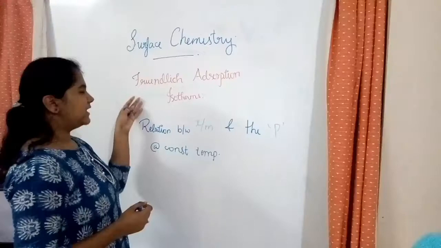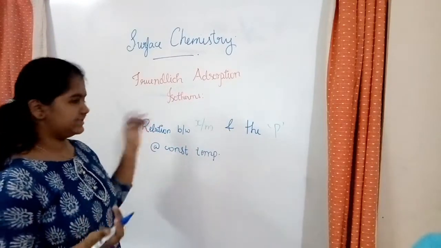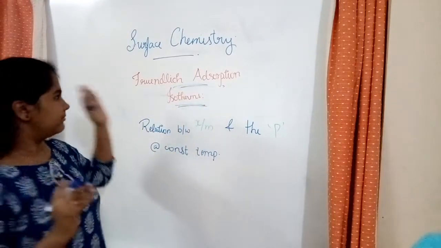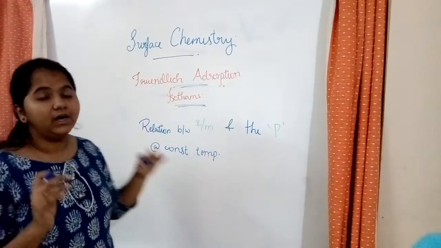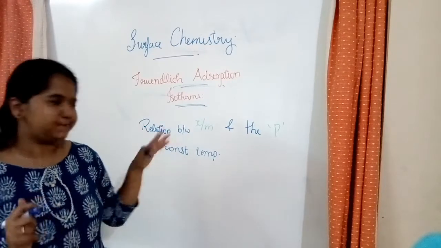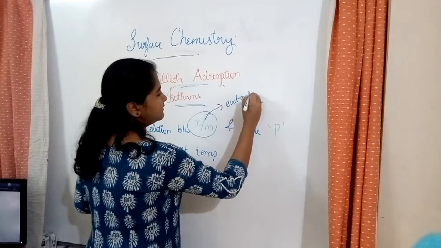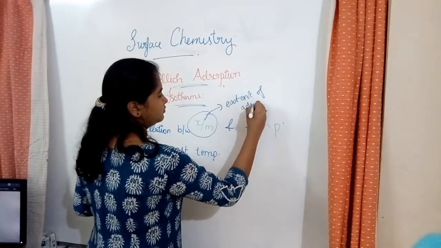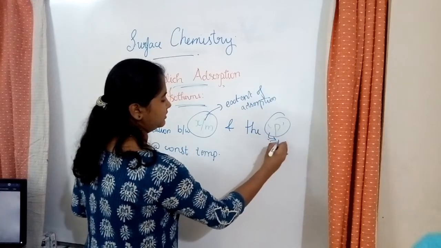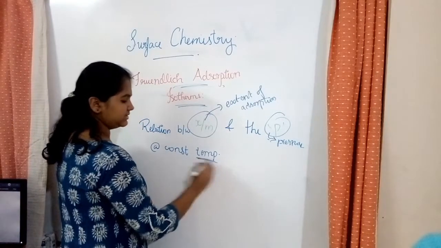Freundlich adsorption isotherm, or it can be asked as isotherms. So let's see. The Freundlich adsorption isotherm is a graphical representation which gives the relationship between x by m, the extent of adsorption, and P, that's pressure, when temperature is constant.